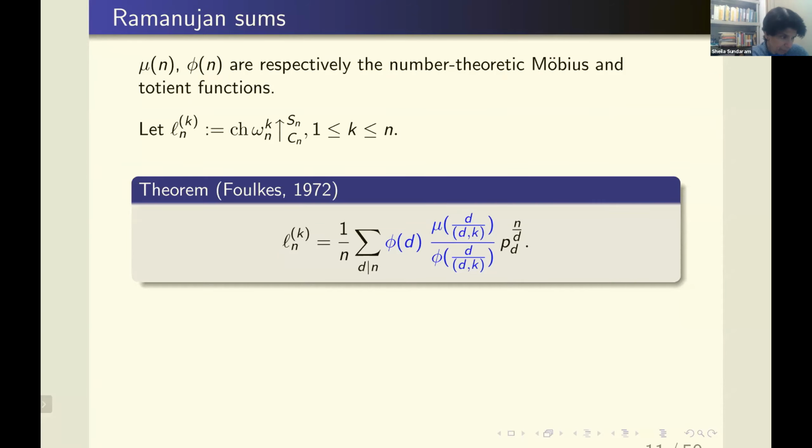So it's a theorem of Foulkes, that, well, I think I read somewhere that there are other people who've done this calculation. So he figured out what the Frobenius characteristic was of this representation. So you get this sum. This is p_d, the d-th power sum, to the power n over d.